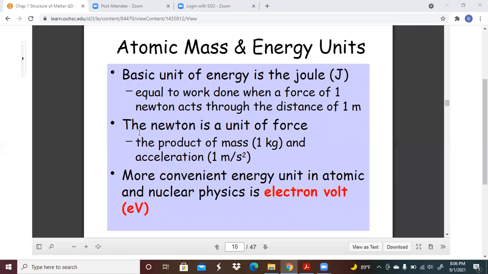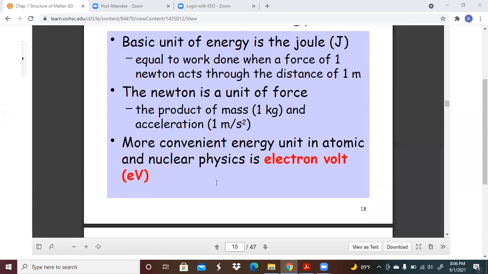The basic unit of energy is the joule. It's equal to the work done when a force of 1 Newton acts through a distance of 1 meter. The Newton is a unit of force: the product of 1 kilogram mass and an acceleration of 1 meter per second squared.